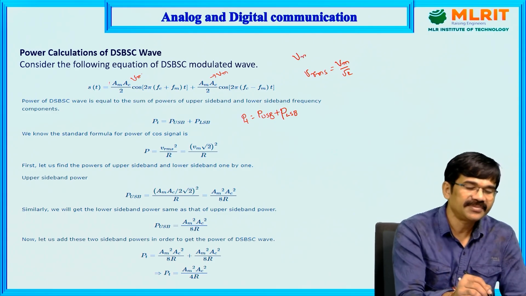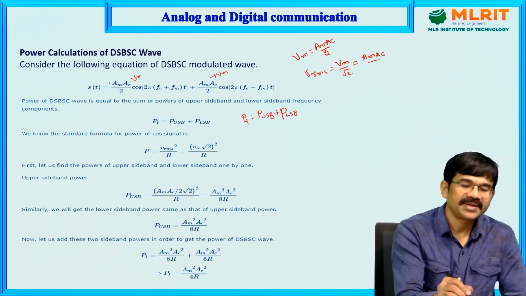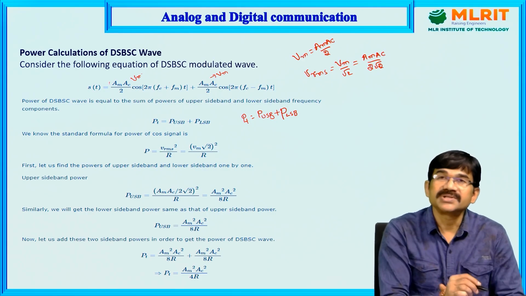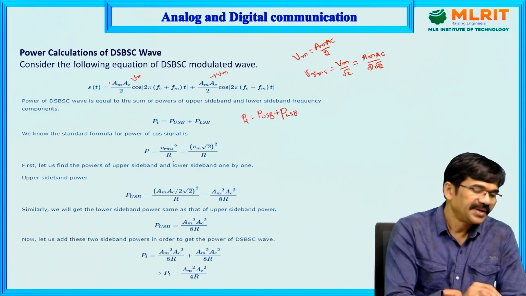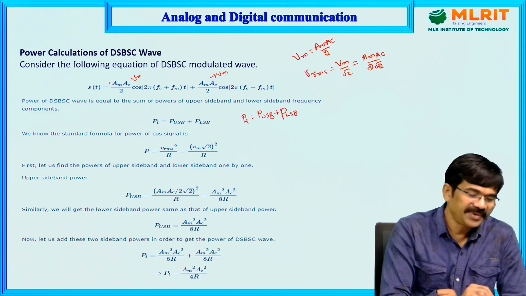Here Vm can be represented as Am Ac by 2. So Vrms is nothing but Am Ac by 2 root 2. Okay. So the power expression is Vrms square by R.